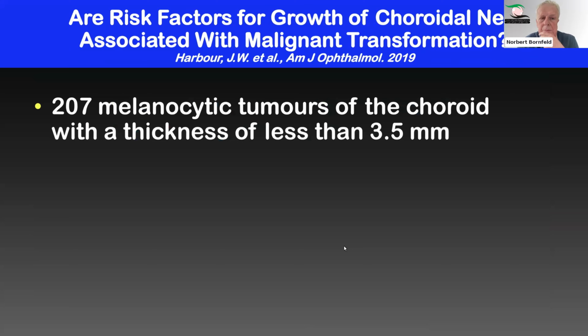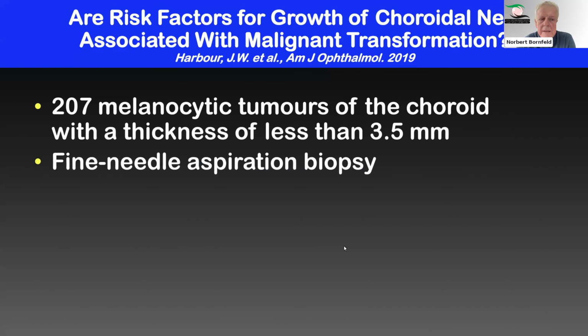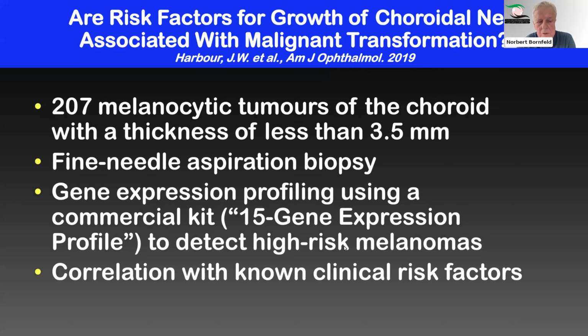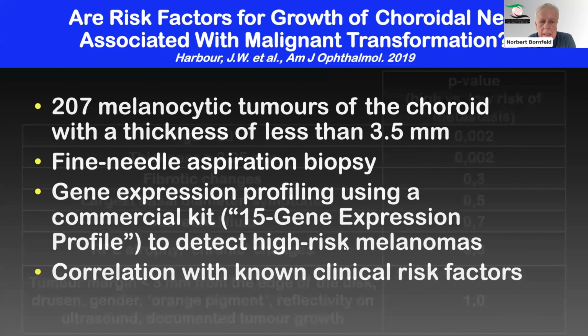So a lot of groups have looked at whether the risk factors for growth, as we have just shown from the Shields group and the classification of the Shields group, are associated with malignant transformation. The Harbour group did that some years ago. They looked at more than 200 melanocytic lesions and did a genetic typing of the tumor, and they correlated these tumors with the known clinical risk factors for growth, as just shown recently.